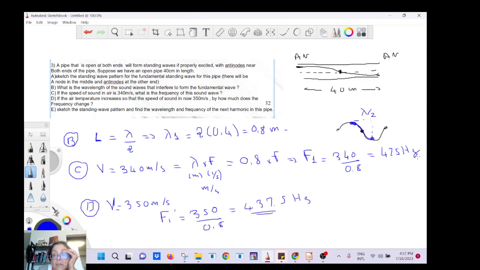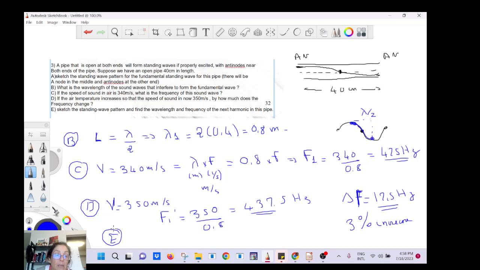So the pitch you're going to hear will be higher. Okay, so it's going to increase the pitch. So if you want to know by how much, the difference in the frequency, you subtract, it's about 12 hertz, right? Which is about 3%. If you divide this by that, so the 3% increase.